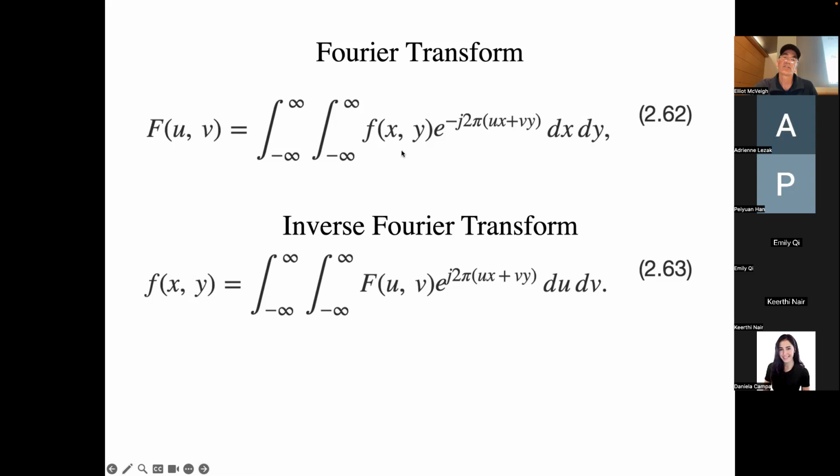And those frequency components are continuous, right? So this isn't discrete periodic functions. This is actually a set of continuous functions, right?